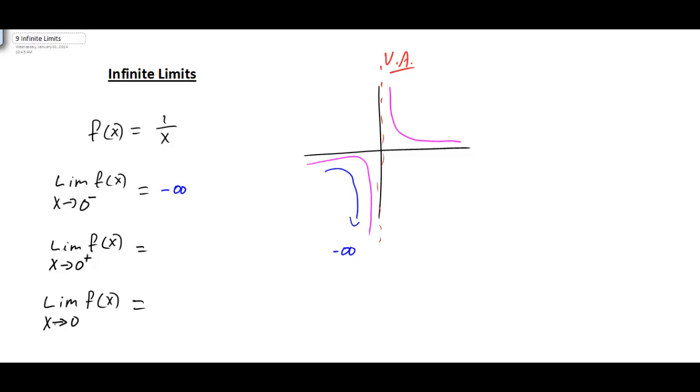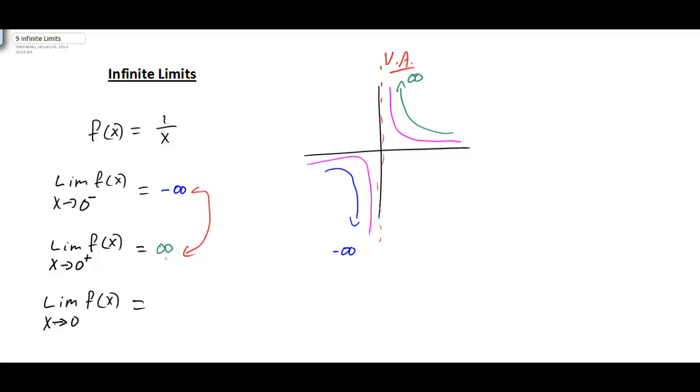For example, if we look at the limit of the function as x approaches 0 from the right, what's happening to our graph? It's going up constantly, so it's approaching positive infinity. So here we could say that this limit is approaching infinity. Now, I really want to emphasize this. With these two examples, I'm not saying the limit is negative infinity or positive infinity.